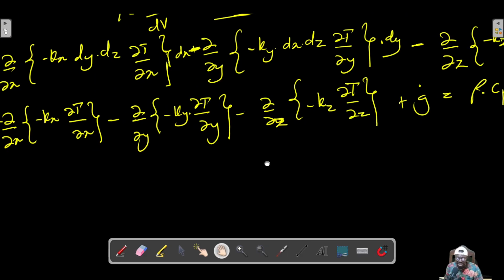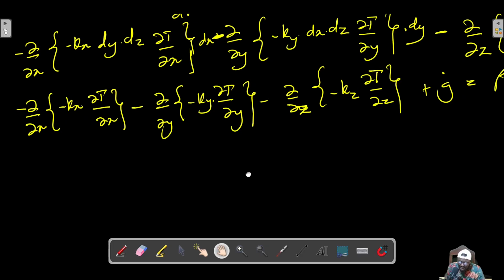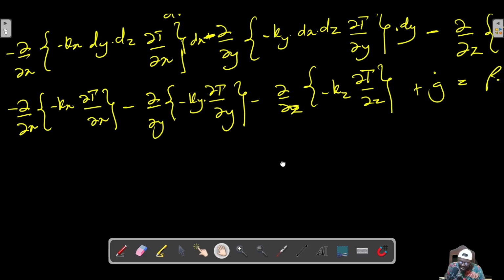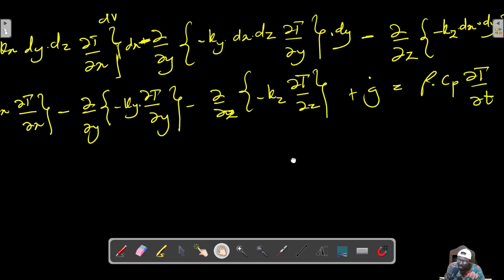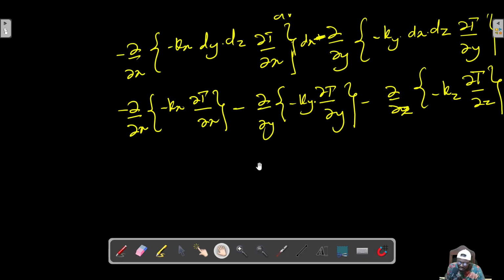So this is what we have left. So actually this is the equation. This is the general equation for conductive heat transfer.